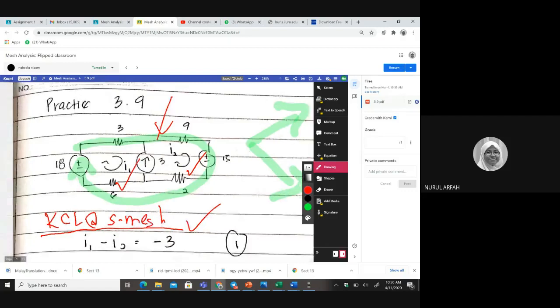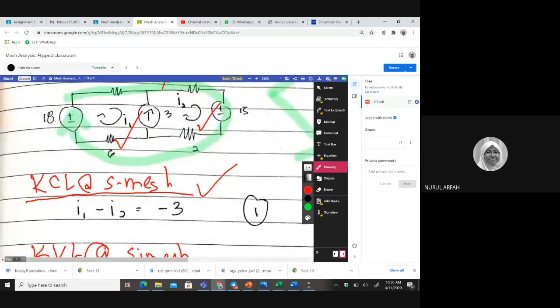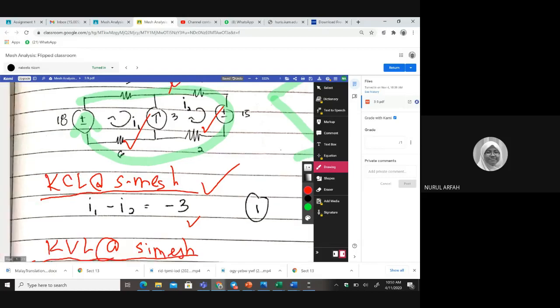Okay, let me check here. Oh, our sister, she put it in the opposite direction. Tapi rasa betul, I2 minus I1 equal to 3, right? So she put it as negative I2 plus I1 equal to negative 3. So still the same. So this is correct.